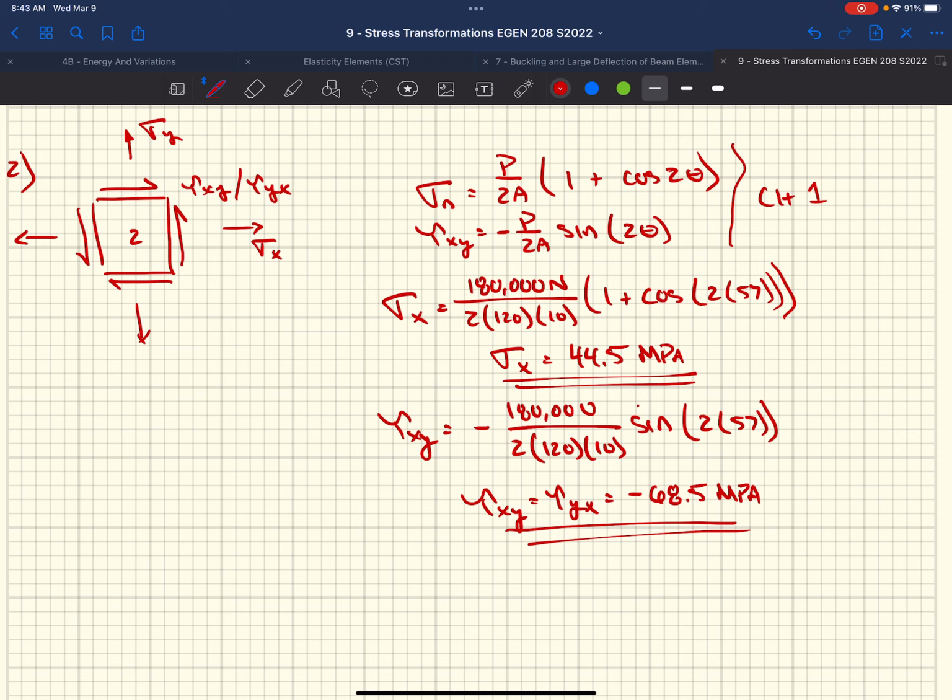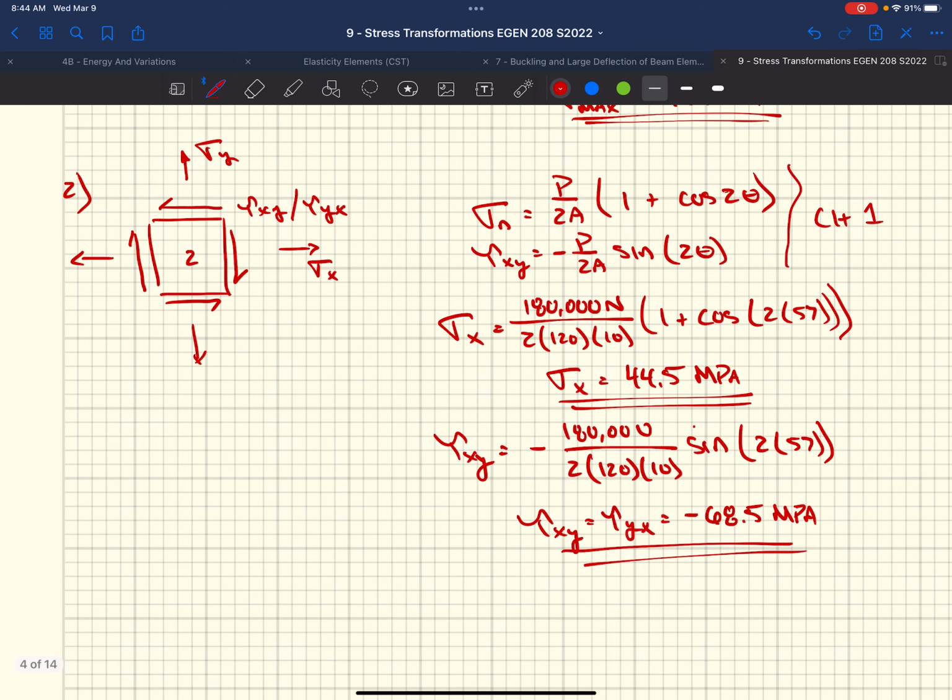Well, that means in my orientation, it should be in the opposite direction. Right now, those are positive. So if we look back, we could take this off. These should be this way. A negative shear stress is on the positive face in the negative direction, or a negative face in the positive direction. So that would be the orientation of that shear stress.